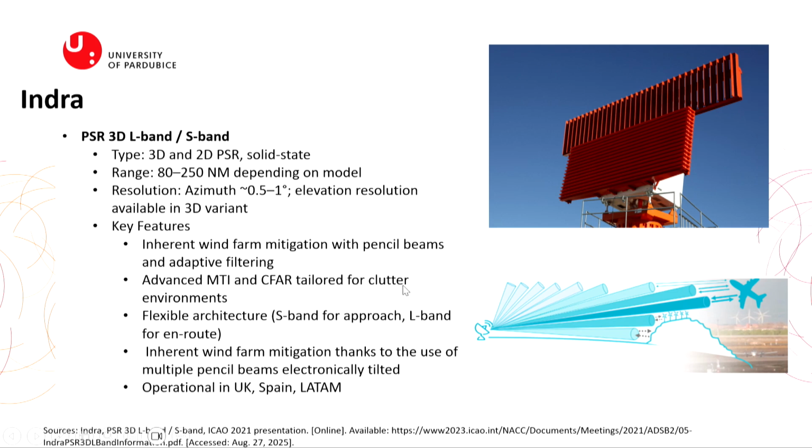So it is tailored for clutter environments. It means it also works for wind turbines, because wind turbines are another type of clutter. It is a flexible architecture, S-band for approach and L-band for en-route.